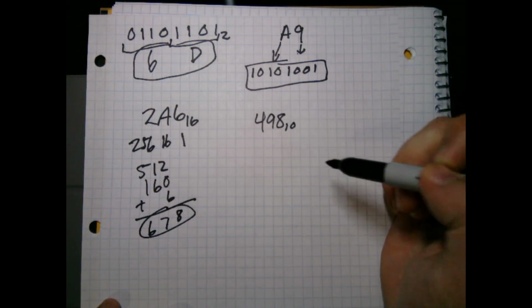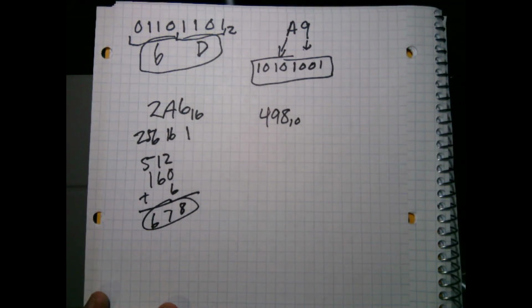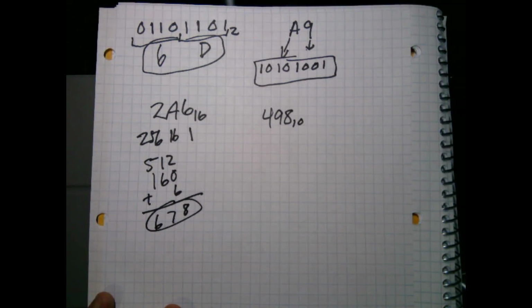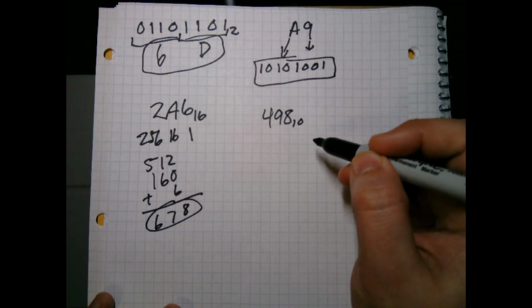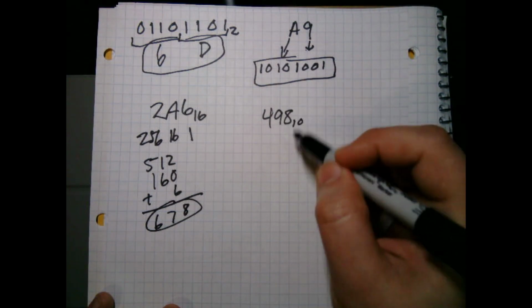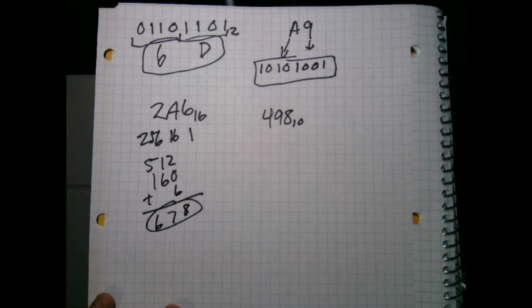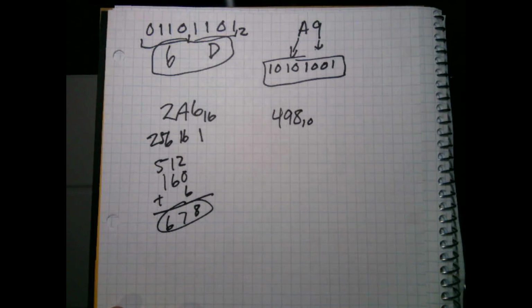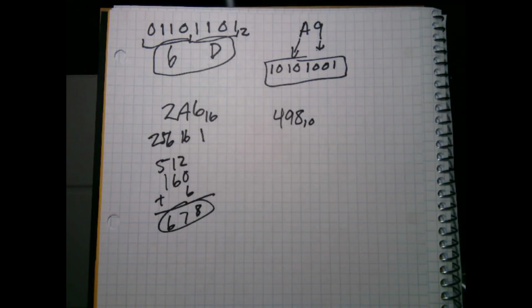So I'm going to convert this into binary using one of those other 2 methods. It's kind of big, so I'm going to do the successive division method.